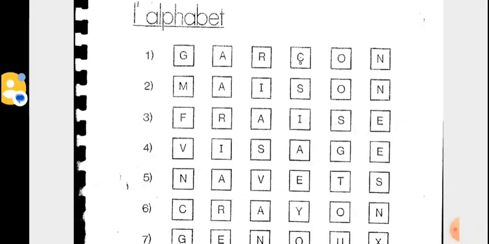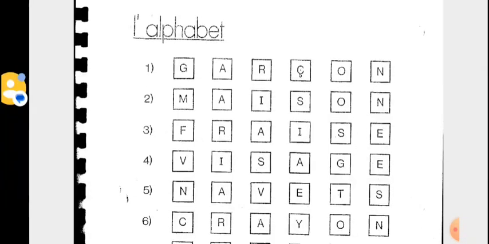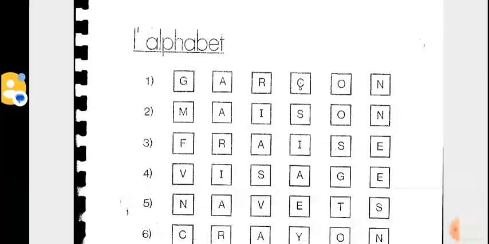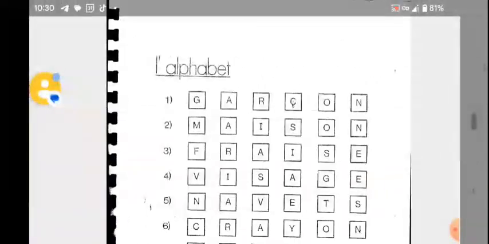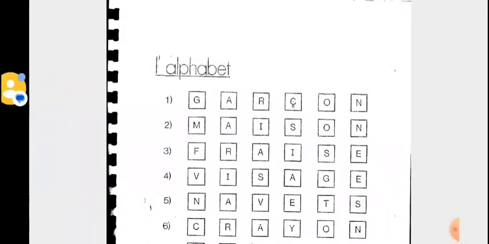Like, for example, the first word we're seeing here is garçon. Garçon. And it is spelled G-A-R-C, which is pronounced S-O-N. Garçon. So that is what we shall be doing in the course of this lesson as well.